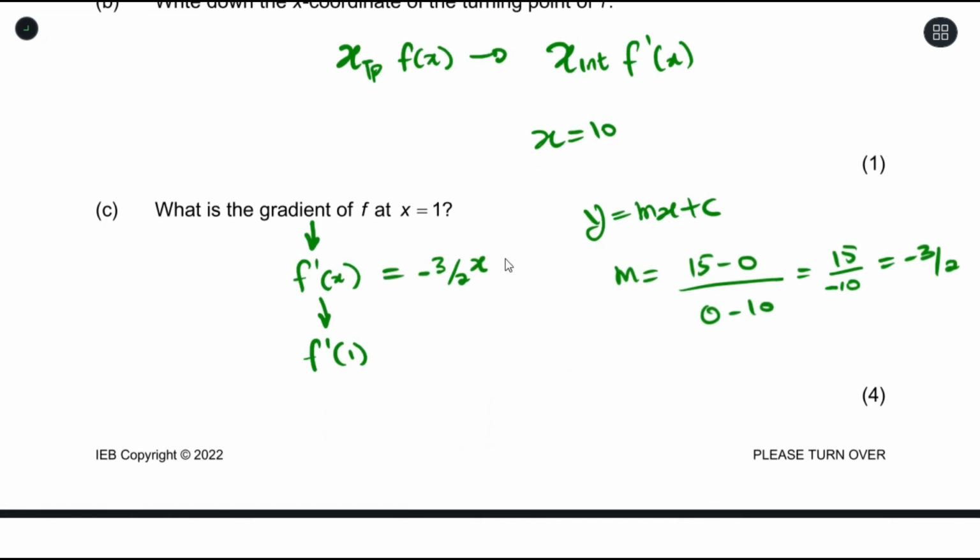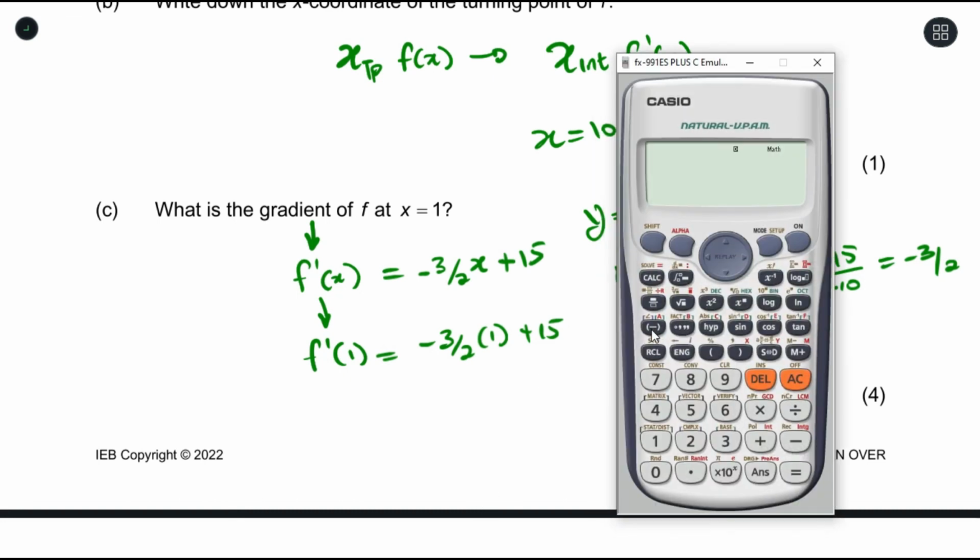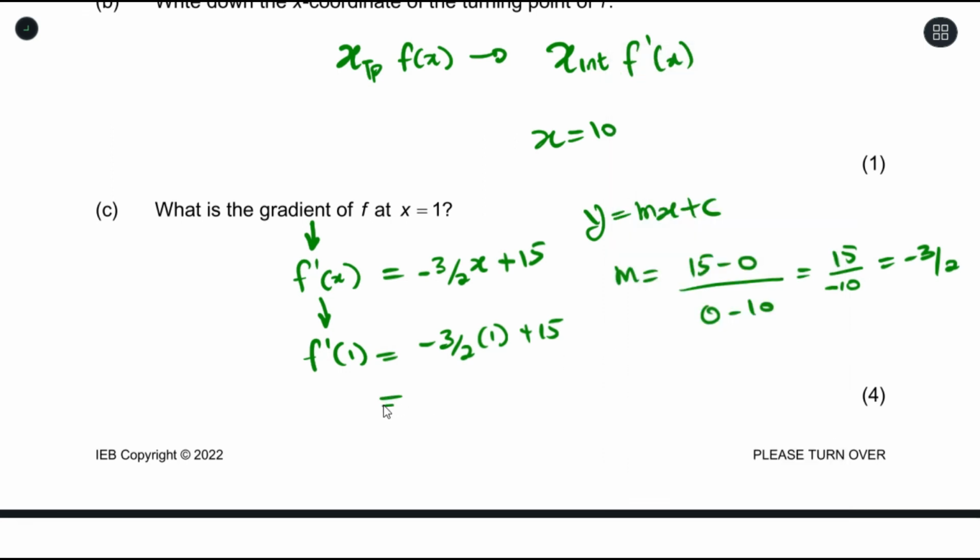Yes, it is 15. You have plus 15. Now to get what we want, we just need to substitute 1 into this. And substitution of 1 would be negative 3 over 2 times 1, plus 15. And that's 27 over 2. Okay, so this here will be the gradient of f at x equals 1.